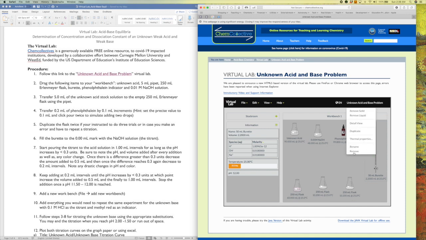So it shows there's two removes. There's this remove, which removes the entire burette. You really don't want to do that because then you're going to have to add the burette again, and it might give you that workbench full message, which you don't want to deal with. And so you're much better off just removing the liquid in the burette.